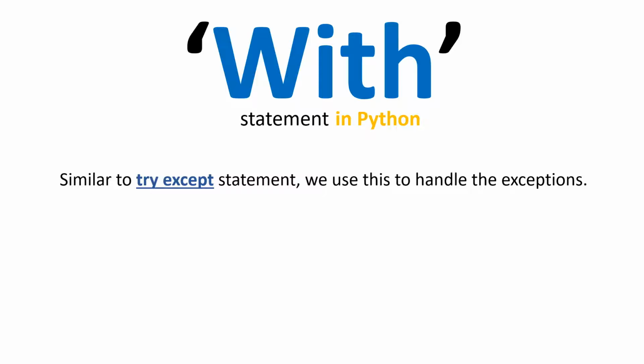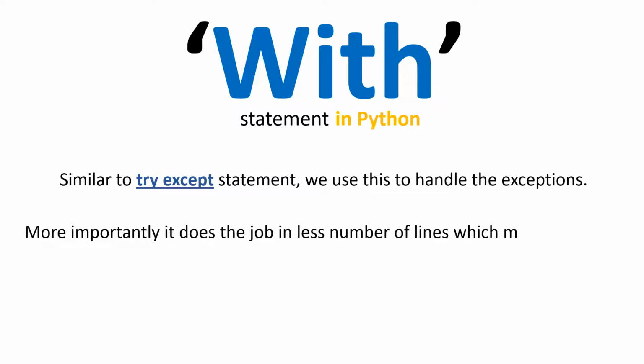But when we can do this in the try and except statement, why do we use the with statement? More importantly, it does the job in fewer lines, which makes the code effective, readable, etc. So the moral of this story is that the with statement does a similar job as try and except, which helps us handle exceptions.